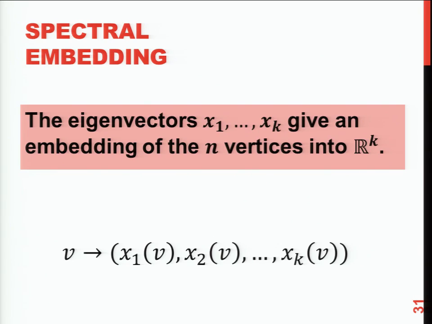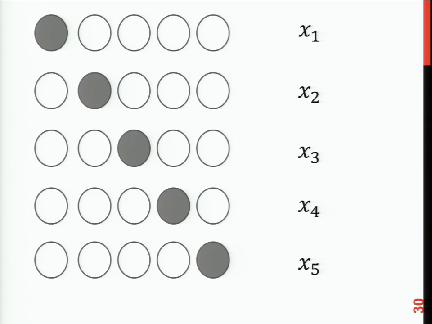Yeah. The eigenvectors x1 through xk give an embedding of the n vertices into R to the k. The way it's done is you take a vertex and look at its value according to x1, according to x2, and according to xk. For example, vertex 1 would be mapped to (1 by root n, 0, 0, 0, 0). You take the value of the first vertex according to the first eigenvector, which would be something like 1 by root n, and the others would be 0.